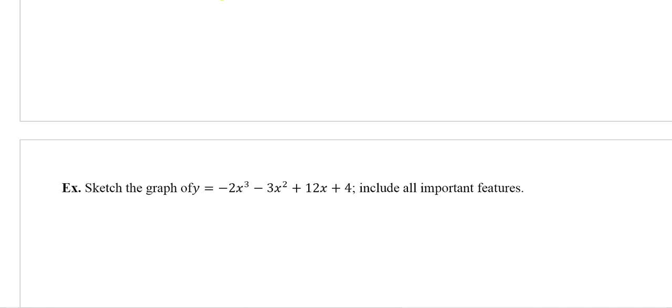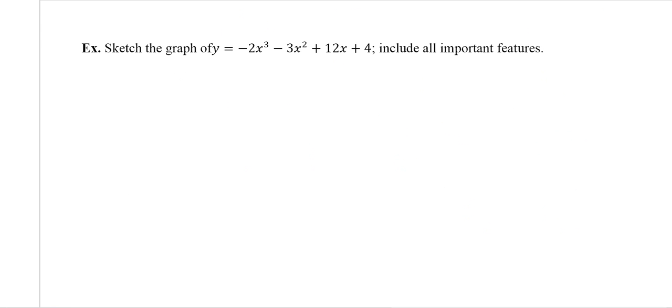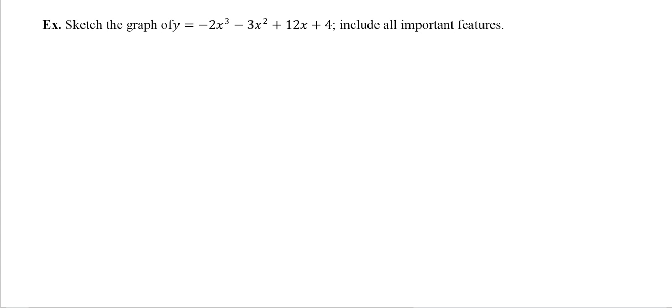Now that we've been talking a lot about first derivatives and second derivatives, and where my function is concave up and concave down, let's go ahead and apply this and actually graph a question. So for the next problem here, I have this polynomial, and I want you to sketch a graph of this, and I need to include all important features. A question like this will take a very long time.